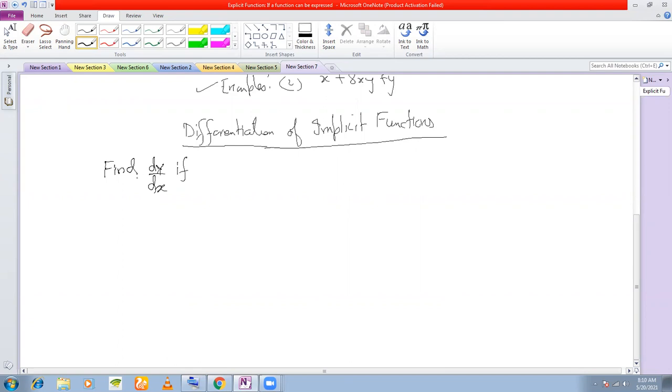So find dy/dx if, first question, x cube plus y cube equal to 3axy. And the second one, I'll give just two questions here, x square plus y square, whole square, is equal to xy.